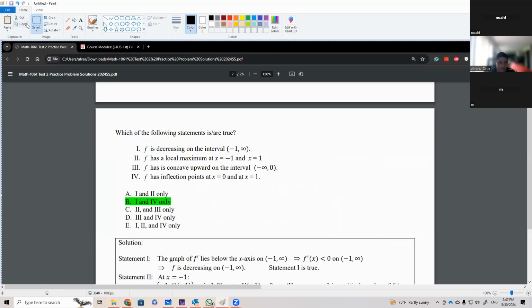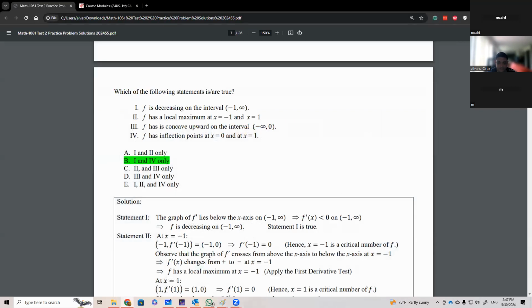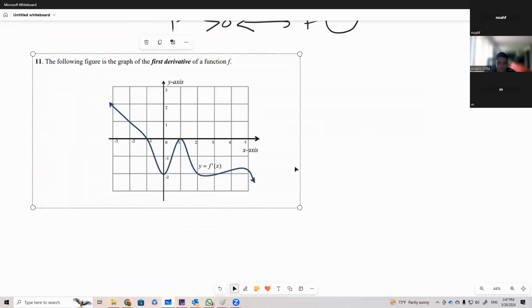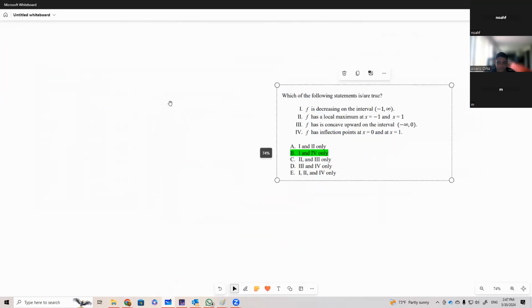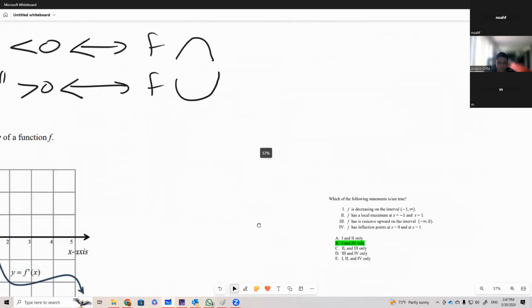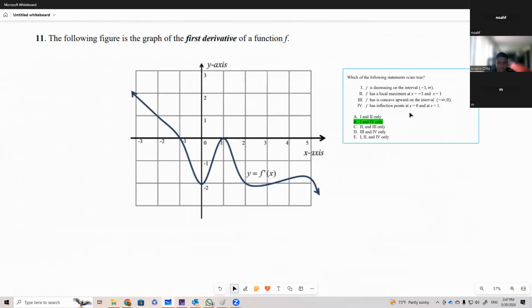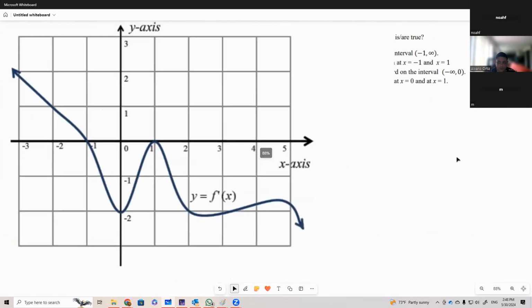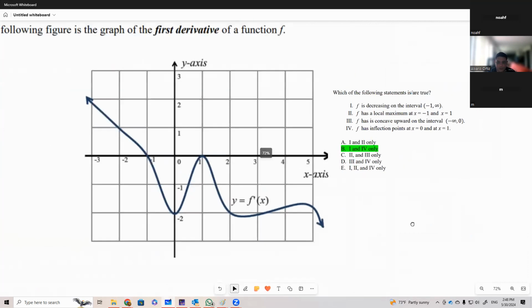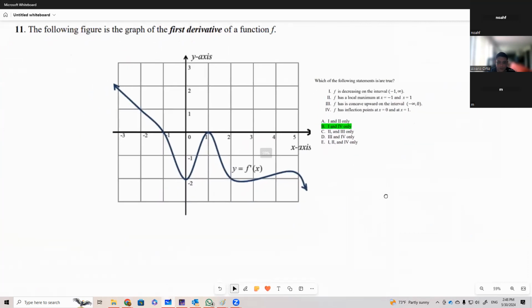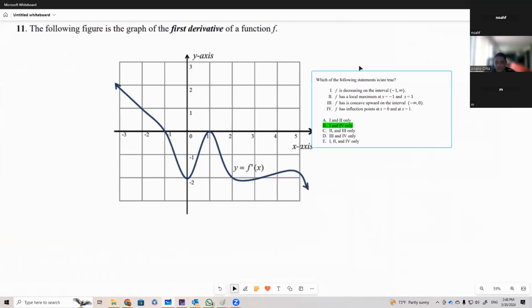I have the answers in there, but let's check why those things are happening. Okay, this says which of the following statements is true?